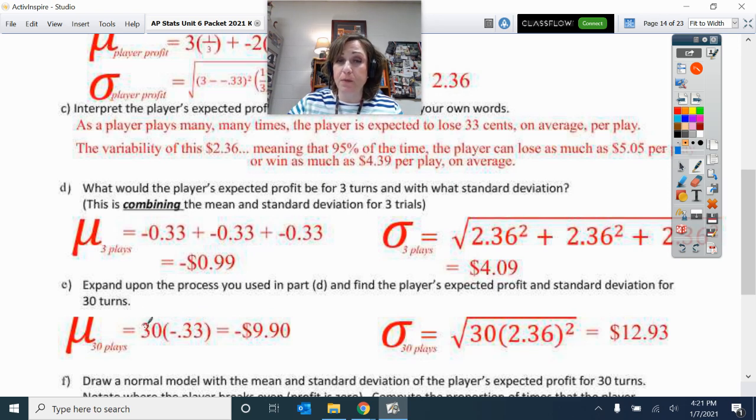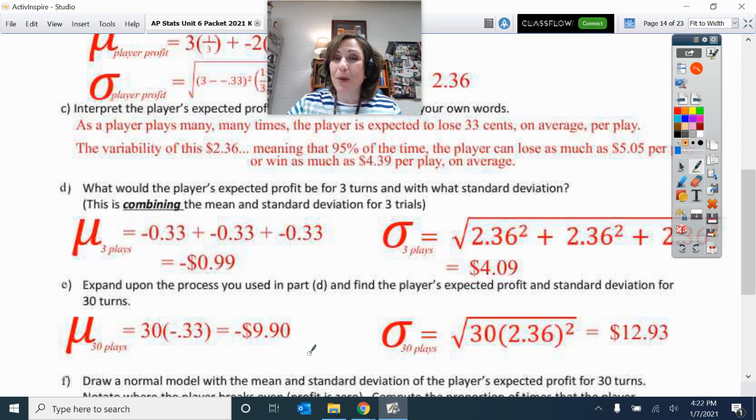So if I'm playing 30 times, I'm going to be losing $9.90 on average. Out of 30 plays, that's how much I'm going to be losing. Because when I played 1 play, it was lose 33 cents, so when I'm playing 30 plays, it's this.